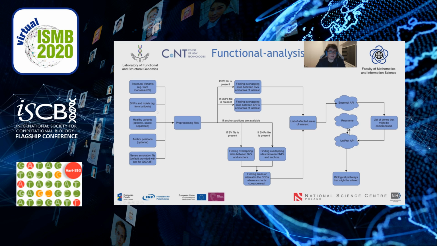Then SNPs and indels, we use the ones from BCFtools, and we didn't actually need to get consensus there because we mostly operate on the short read data, and it's sufficient to just use one tool for SNPs and indels. You can also provide healthy variants. It's an optional parameter. However, it's really useful in terms of filtering healthy common variants or the variants that are not really interesting to us in terms of the analysis.